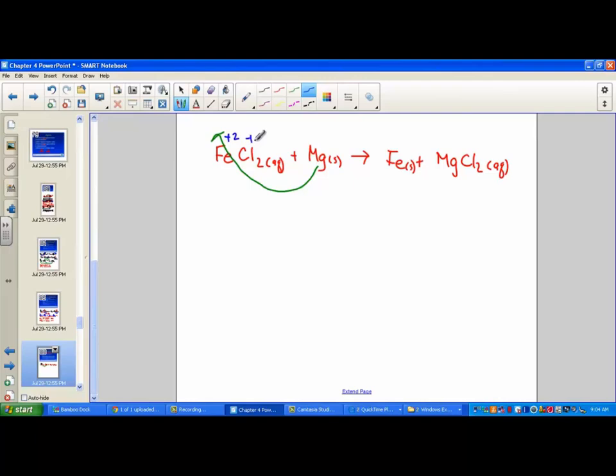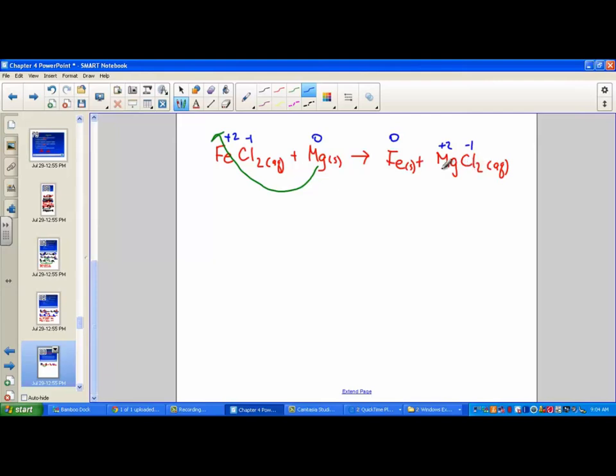Iron started as a +2. Magnesium was the elemental form, so assigned a 0. On the product side, now it's iron in the elemental form, so it's assigned a 0. Magnesium is hooked by charge, so it is now a +2. So here is my balanced molecular equation.